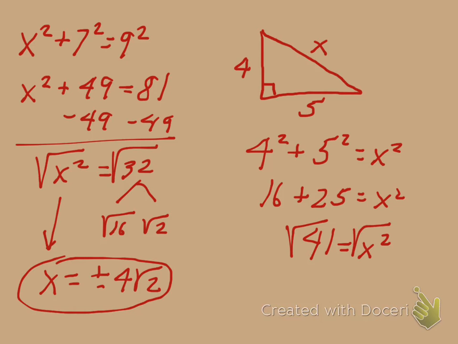We take the square root. Because this is a geometry question, we're only going to have a positive answer. And that positive answer is the square root of 41. Length cannot be negative, and so we have found the missing side of the right triangle. And that is the Pythagorean theorem and simplifying quadratic equations by taking and using the square root.